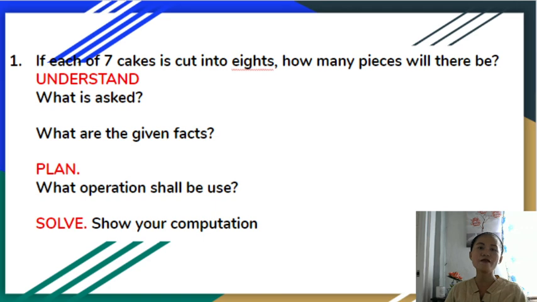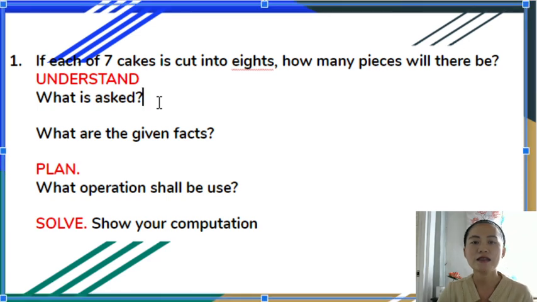If each of 7 cakes is cut into 8, how many pieces will there be? Okay, so pag ganyan ang problem, can we apply division here? Kasi meron tayong 7 cakes. Both of the given facts are whole numbers. So let's find out. Now first, you have to identify what is being asked.